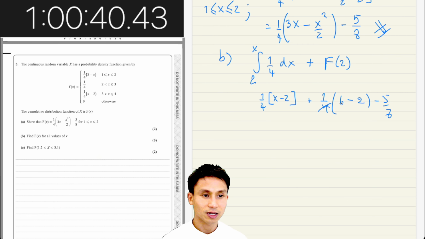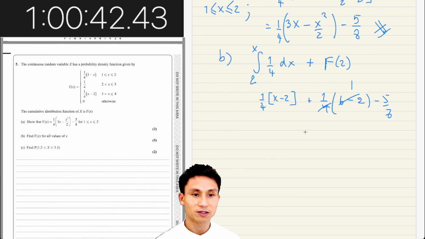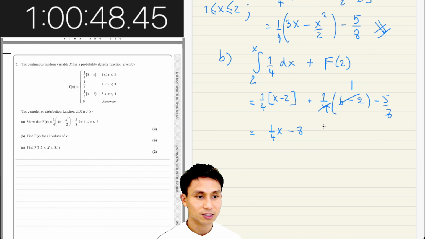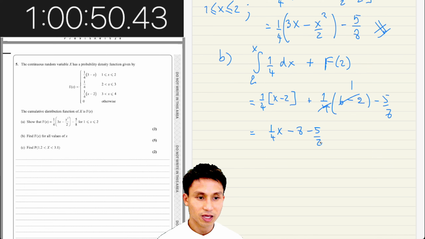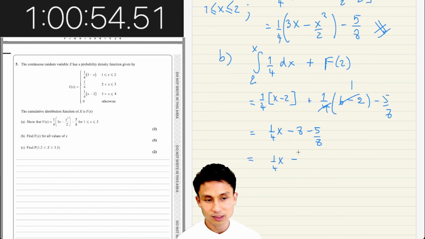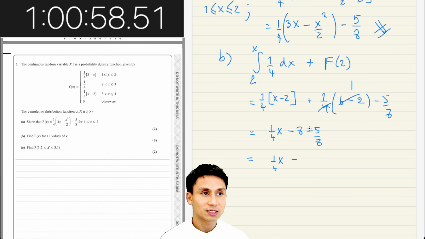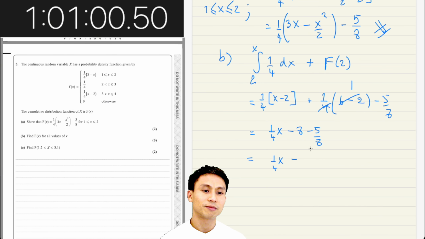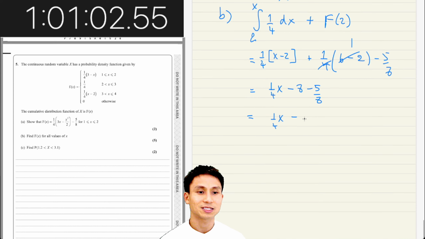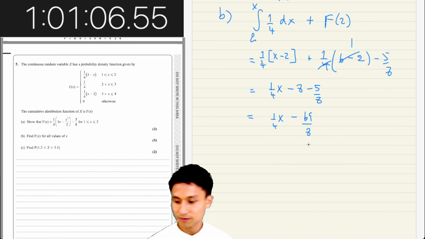So that's cut to 1, so that's just minus 5 over 8. Expanding everything, I get 1 over 4 times x minus 8, minus 5 over 8. So 8 times 8 is 64, minus 5 is 69. So 69 over 8, right?